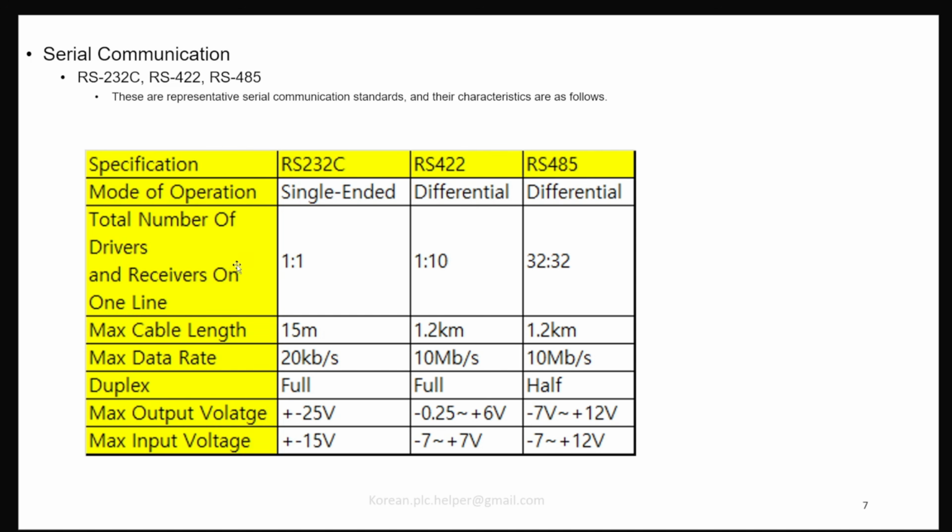RS-232C is basically used for 1:1 communications. The commonly specified maximum cable length is approximately 50 meters.